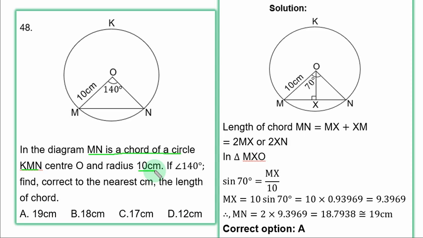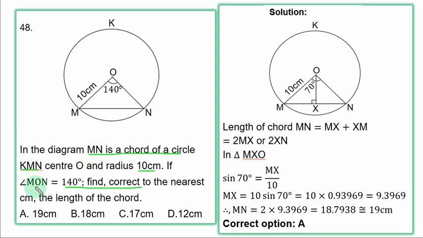If angle MON is 140 degrees, find correct to the nearest centimeter the length of the chord. So you have again angle MON is 140 degrees. Find the length of the chord. The diagram is reproduced in this form.